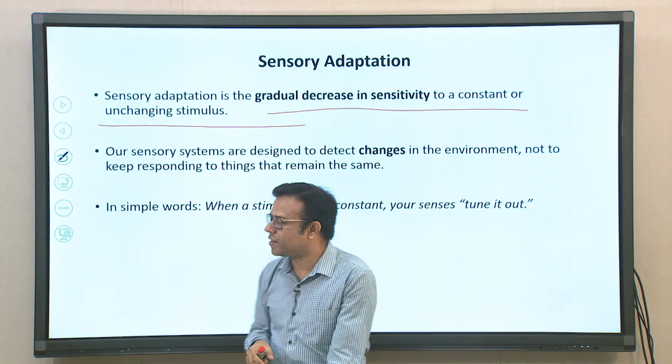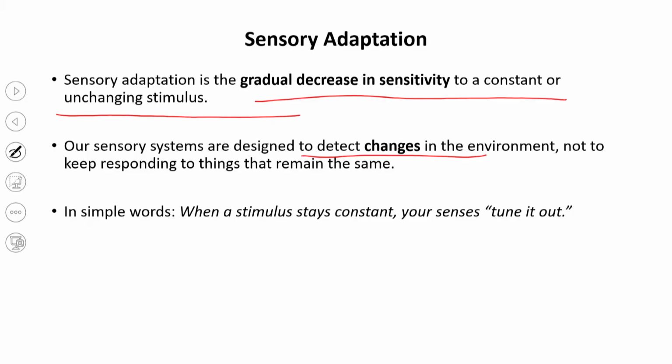Our sensory systems are designed to detect changes in the environment. Whenever there is a change, our system should detect it, because that is important. If something is constant, then slowly our sensory system stops noticing it. In simple words, when a stimulus stays constant, your senses tune out of it, because it is no longer required to be detected.